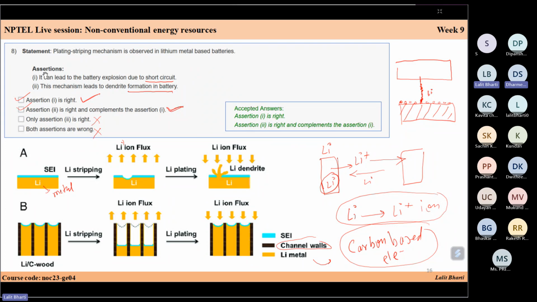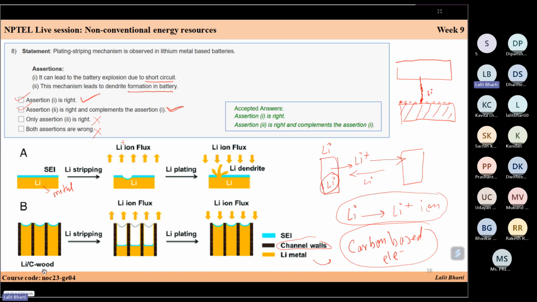Sir, what is the wood doing between lithium stripping? Wood means wood-derived carbon. It is not a wood plank or something like that. It is just an illustration.